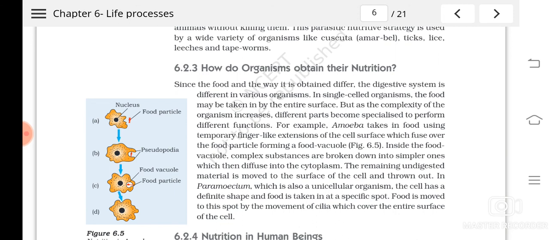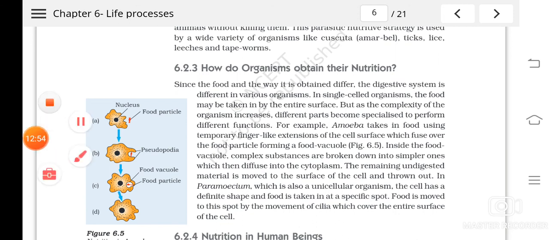Food is moved to this spot by the movement of cilia and then it will be ingested. Then the digestion, absorption and assimilation all take place. Is it clear? As they have a single cell, all the processes are done within the single cell. There is no particular digestive system as they have only a single cell.